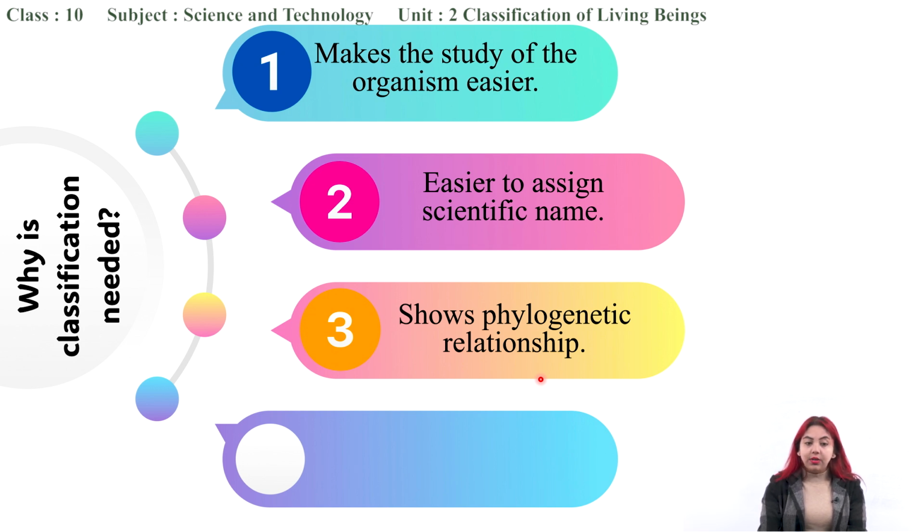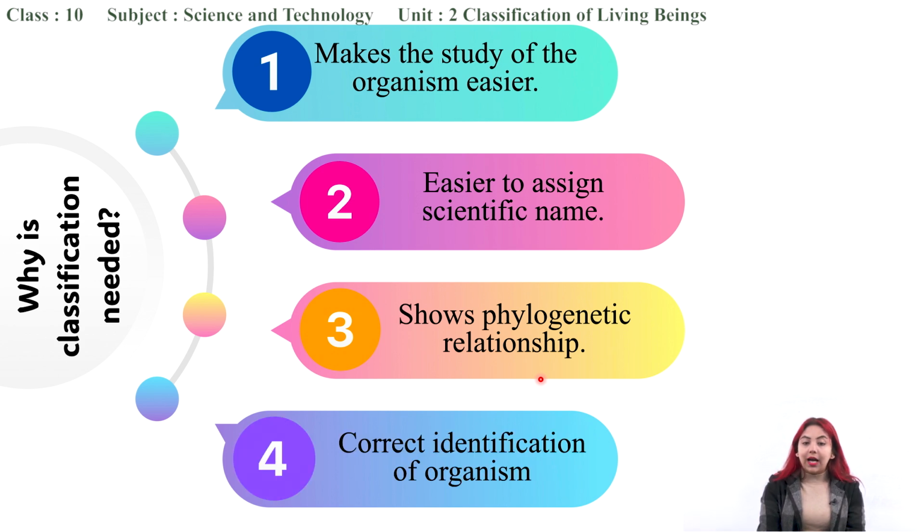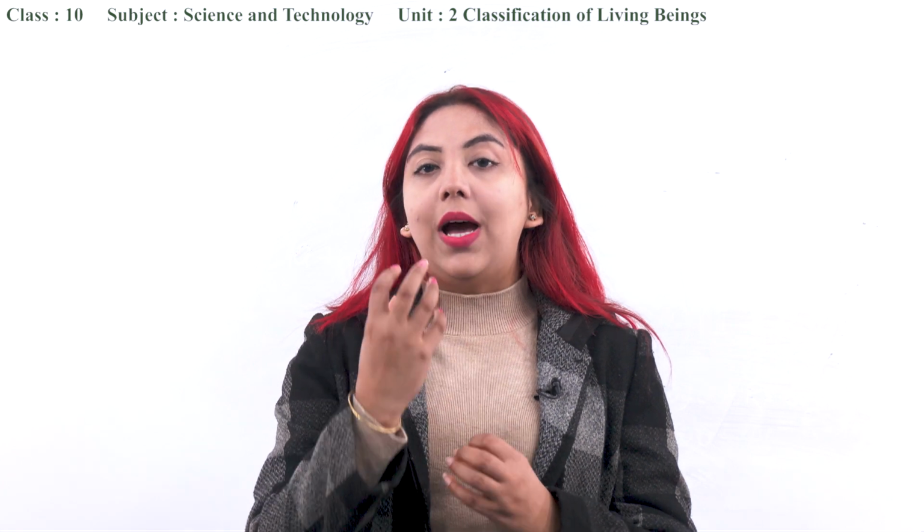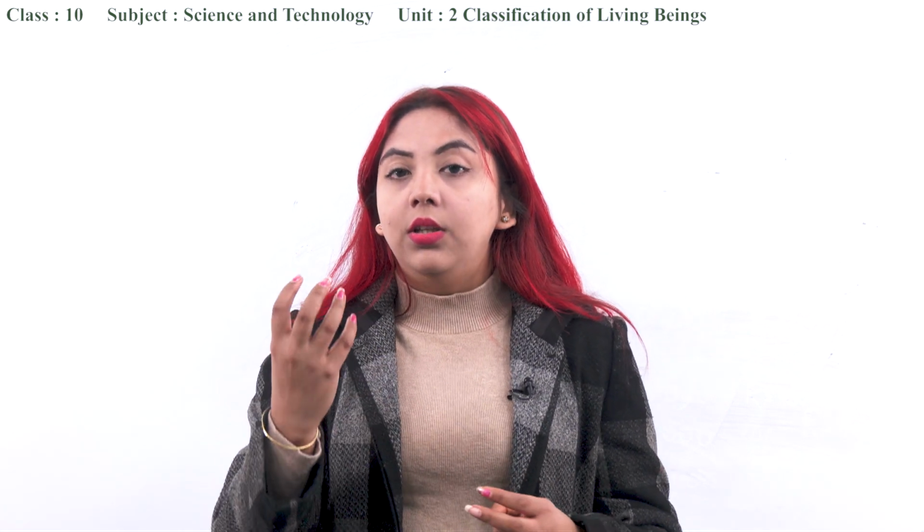Now the last point that I will mention for why classification is needed would be for the correct identification of organism. So suppose we find a new species, the first thing we have to do is identify what the new species is.